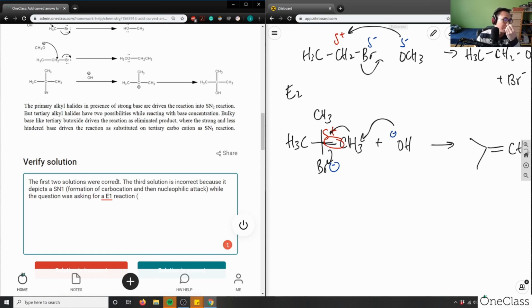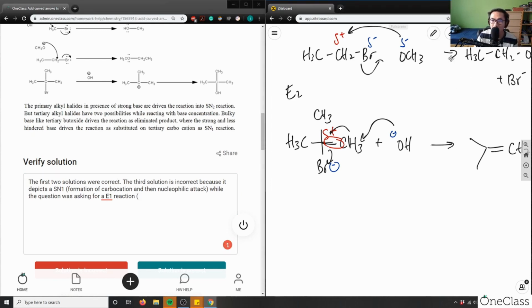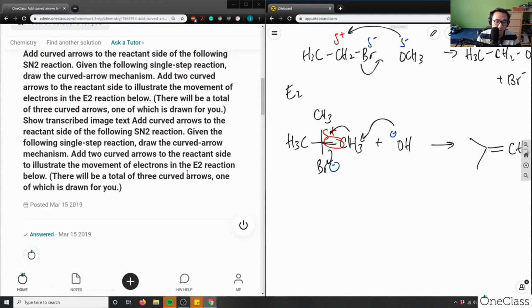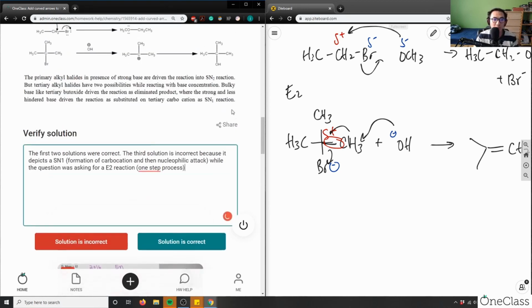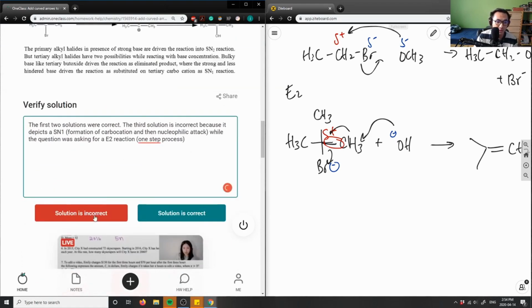So again, this is E2, not E1, my bad, for an E2 reaction. So it's a one step process here. So the third one here is wrong. So I'm going to say the solution is incorrect in this case.